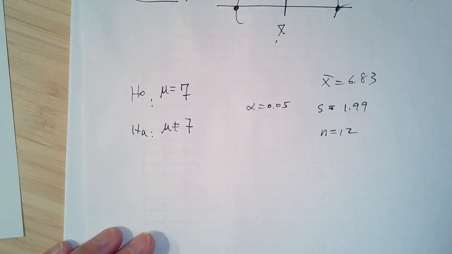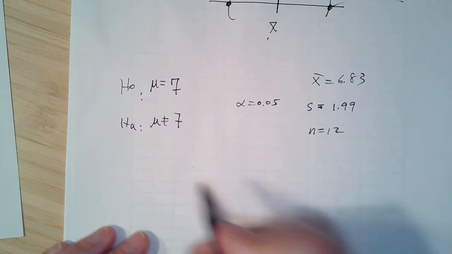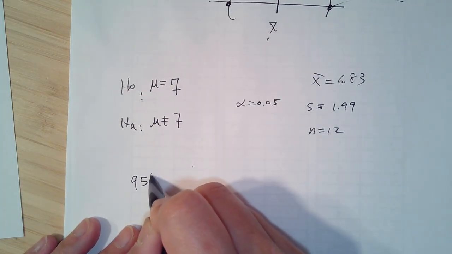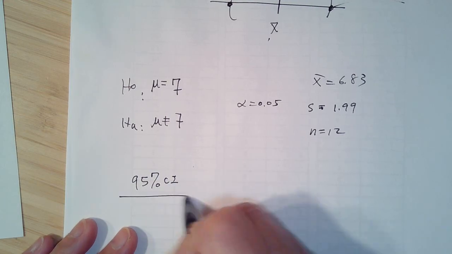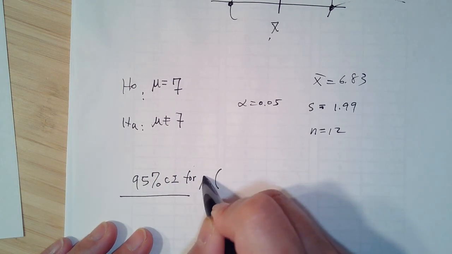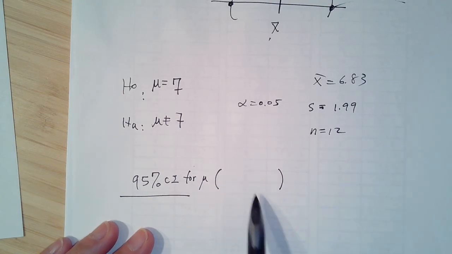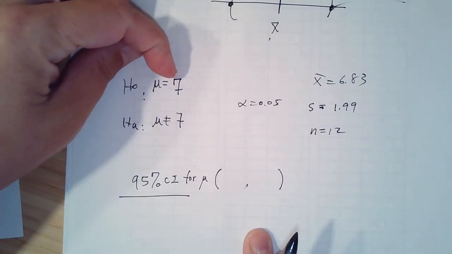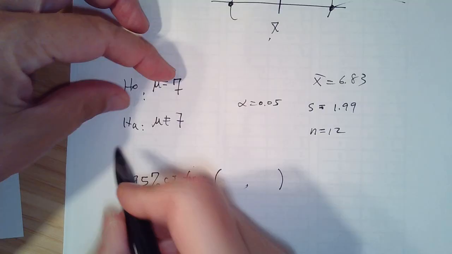Now, you might want to practice to construct a 95% confidence interval for mu, to see whether this confidence interval contains 7 or not. That's one way to do it.